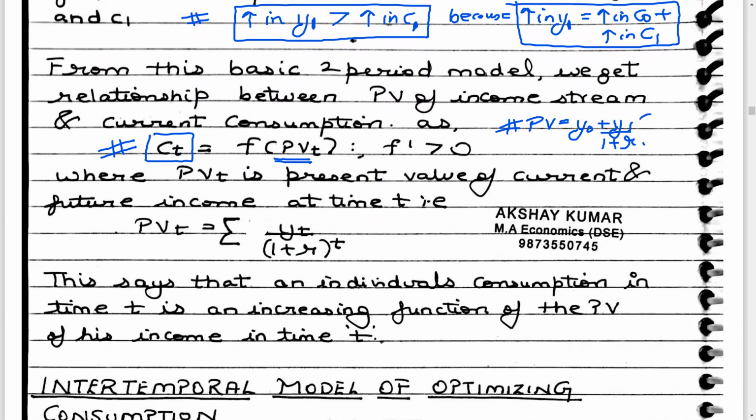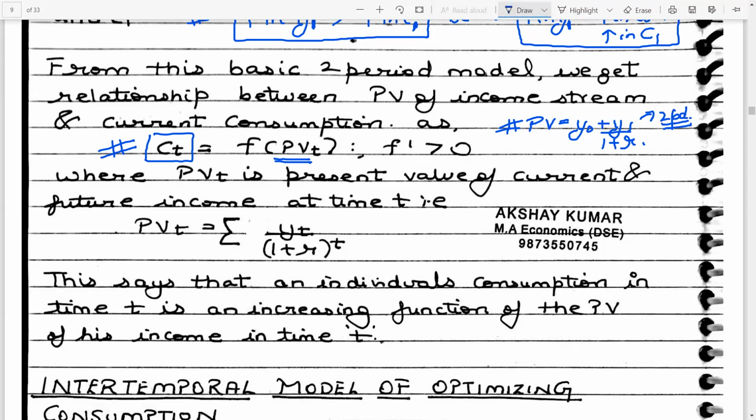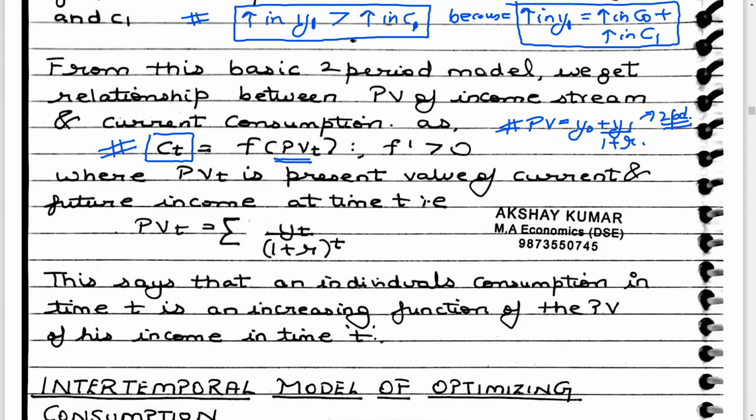This is for the 2-period model when we only have 2 periods. So consumption in any period is a function of present value of income. The sign of the derivative f dash is positive.